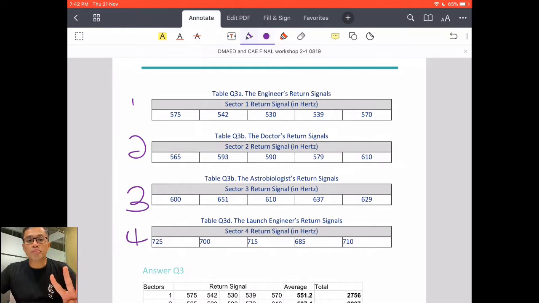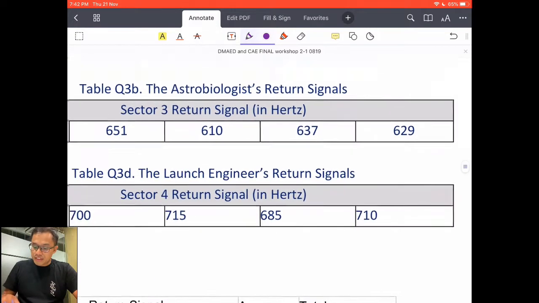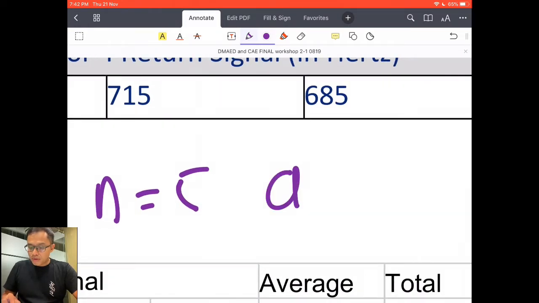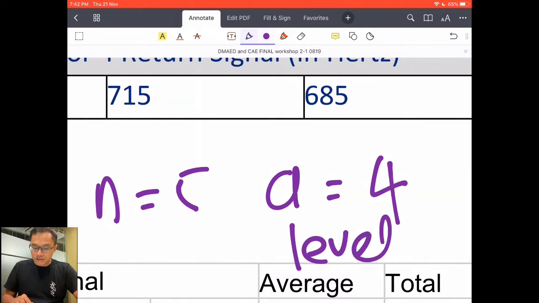There are 4 people reading this data, and there are 5 repetitions. Therefore, you see 1, 2, 3, 4, 5 repetitions per person. So your repetition for ANOVA one way is given by n, which is 5, and small a for levels is 4. 4 levels, 5 repetitions.